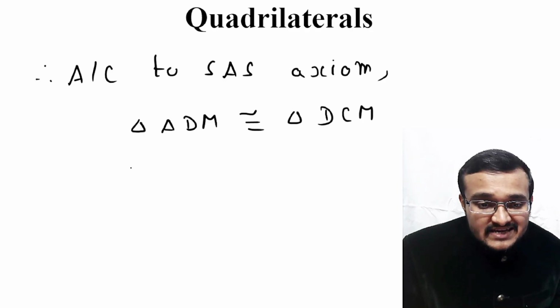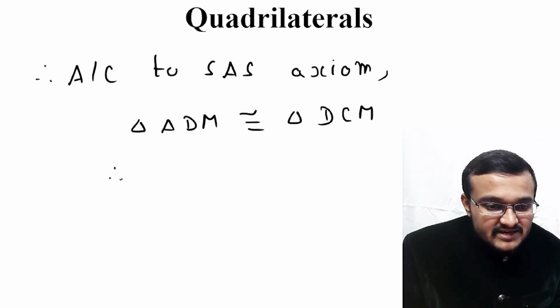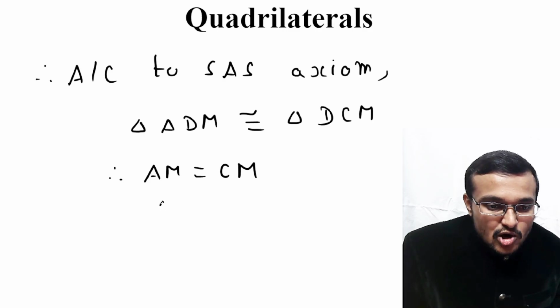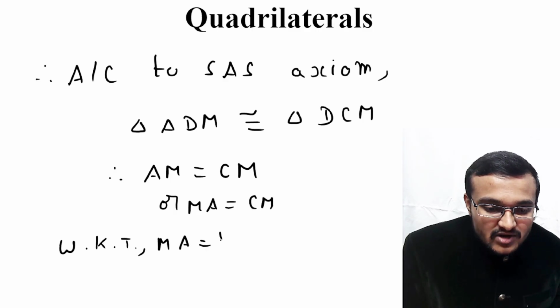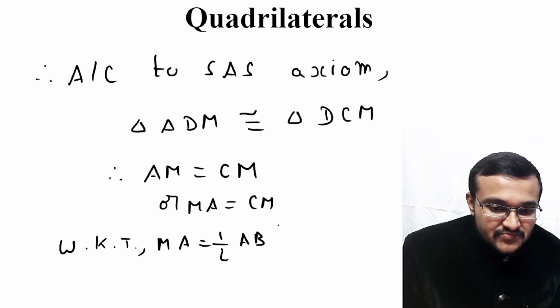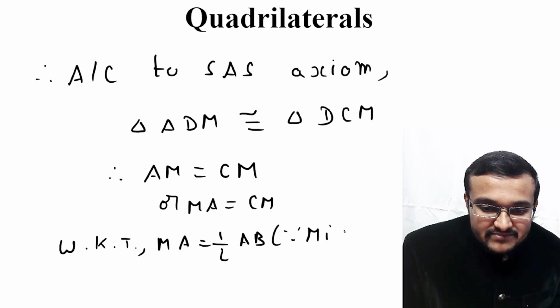Since triangle ADM is congruent with triangle DCM, therefore AM is equal to CM, or MA is equal to CM. We know that MA is equal to half AB. This is because M is midpoint of AB.